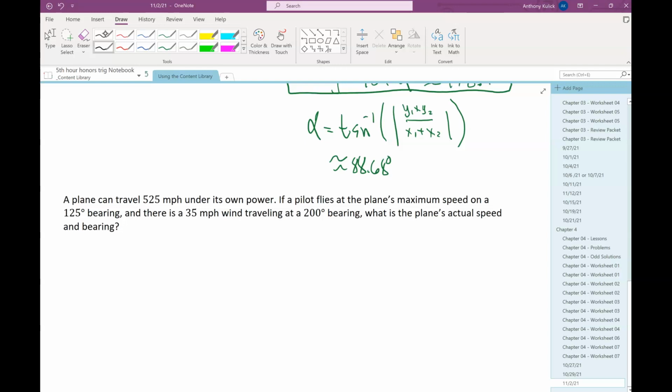So it's going to be virtually the same idea as the previous problem. Okay? So my first leg here. The bearing is at 125 degrees. So we have 90 and then 35 more.